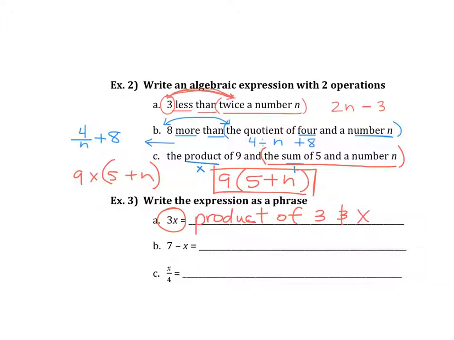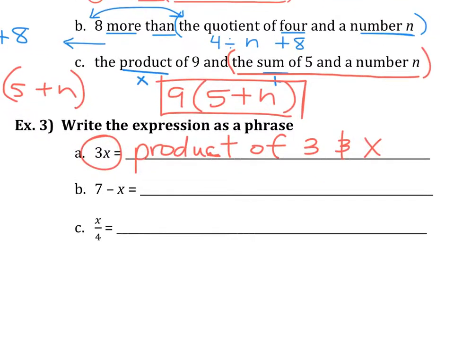All right, so how about for B? Again, multiple ways you could do it. There's not only one right answer here. What would you say for this one? Jada. Yes, okay, so you could say the difference of 7 and x.